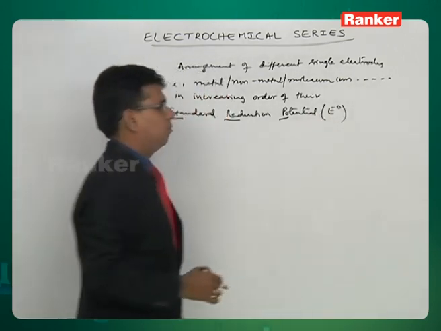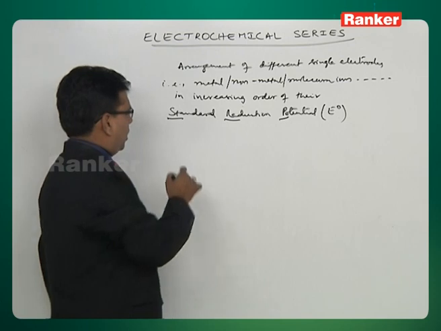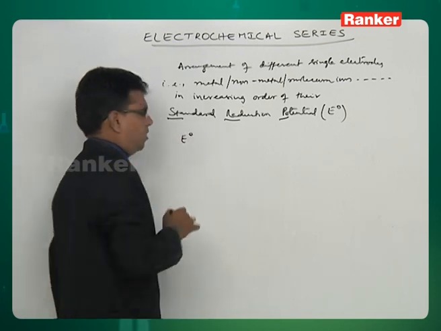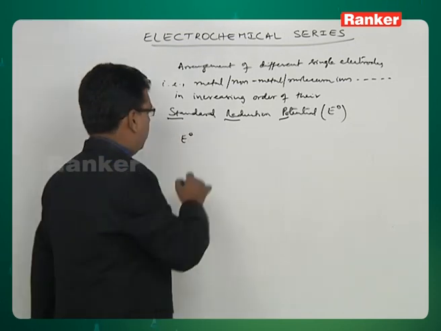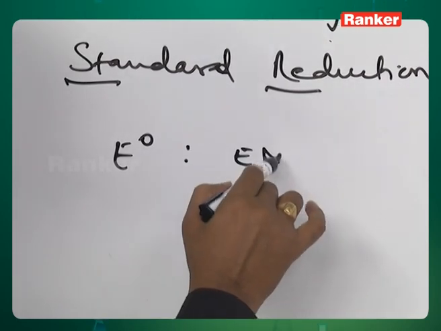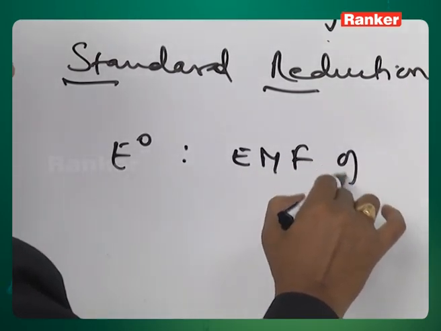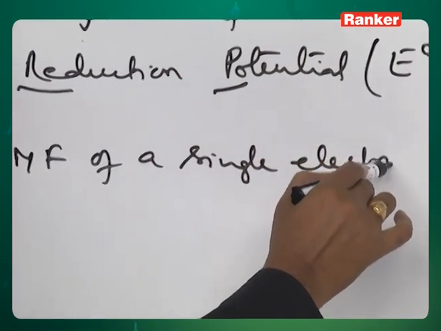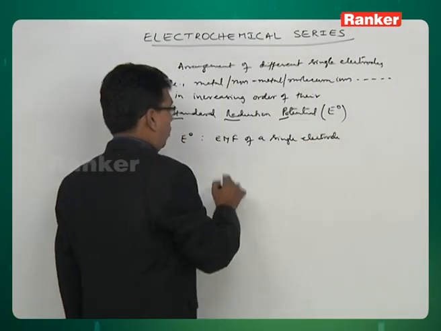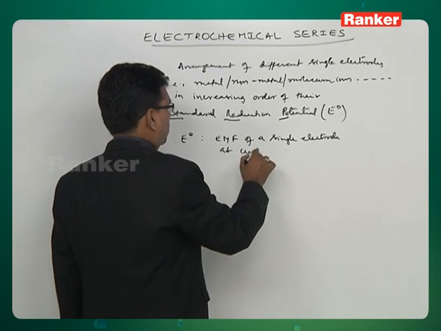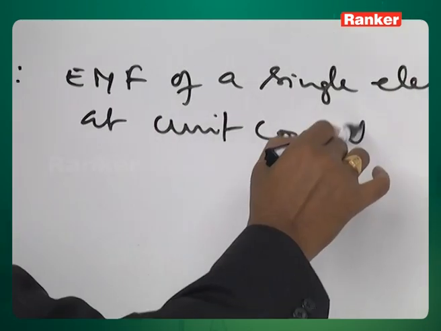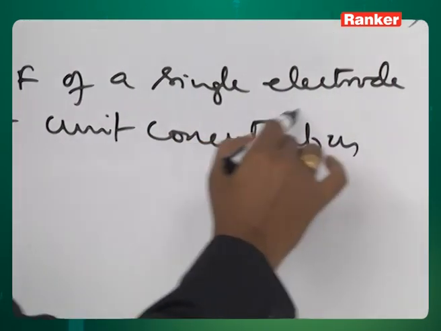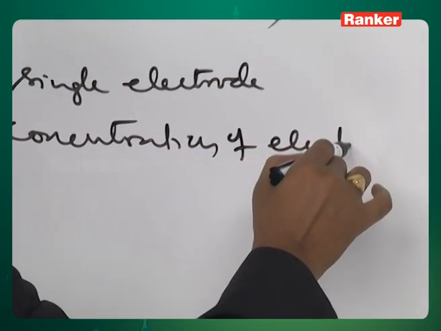that is E naught. As in every case, we have seen the significance of E naught value. What is E naught? E naught is nothing but the EMF of a galvanic cell, the EMF of a single electrode at unit concentration of electrolyte.